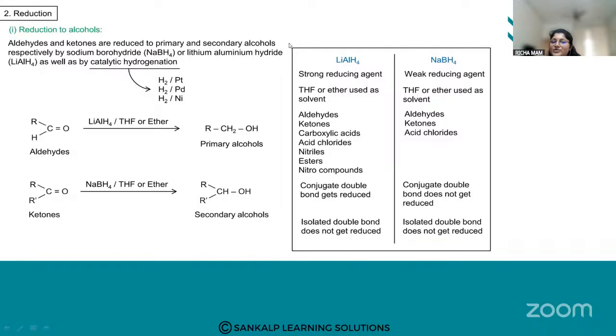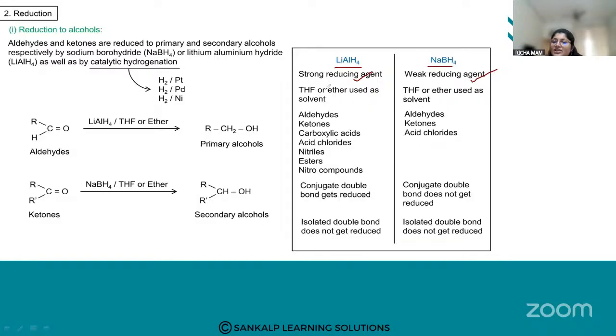We are using some good reducing agents. Here is lithium aluminum hydride, which is a strong reducing agent, and we have also used sodium borohydride, which is a weak reducing agent.